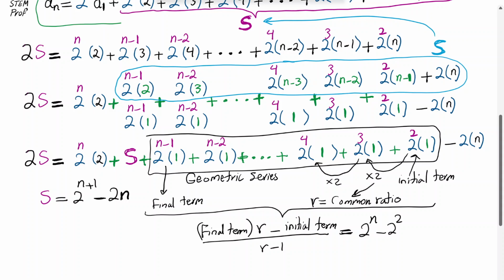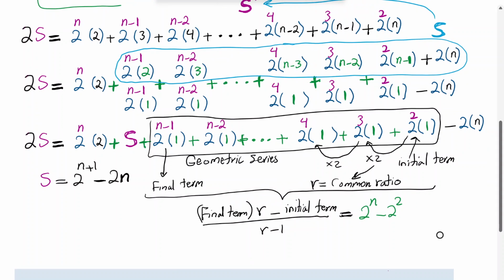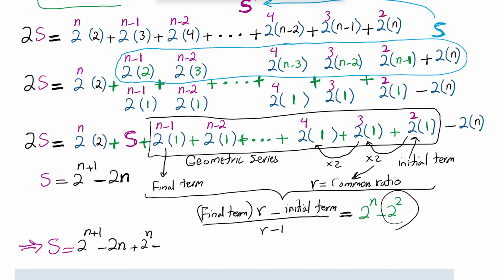Okay, great. So what I found here is basically the answer for the finite geometric series we have. Therefore, in conclusion, I found that S is equal to 2 to the n plus 1 minus 2n, and don't forget about these guys, plus 2 to the n, and then minus 4.